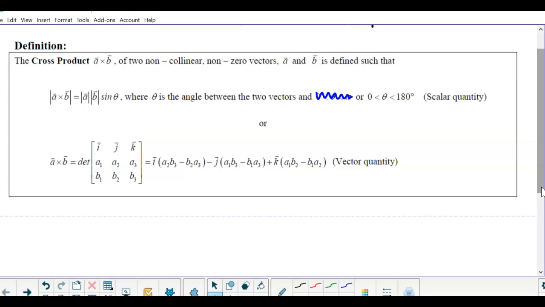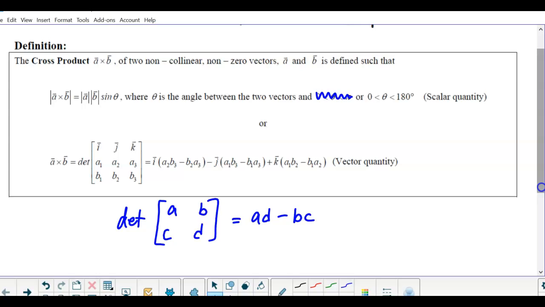For a 2x2 matrix, so let's say we had just any matrix here, determinant of A, B, C, D. If you have a 2x2 matrix and you're finding the determinant, that's going to be equal to AD minus BC. So the diagonals there.